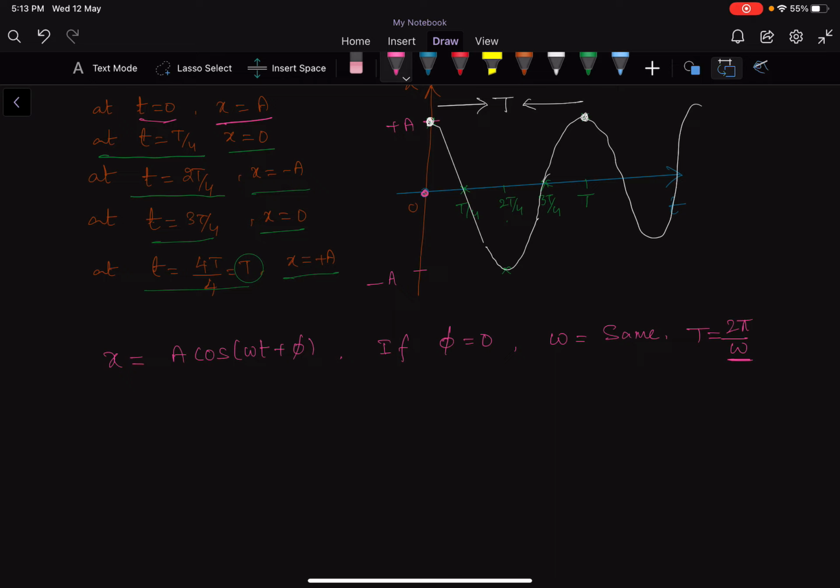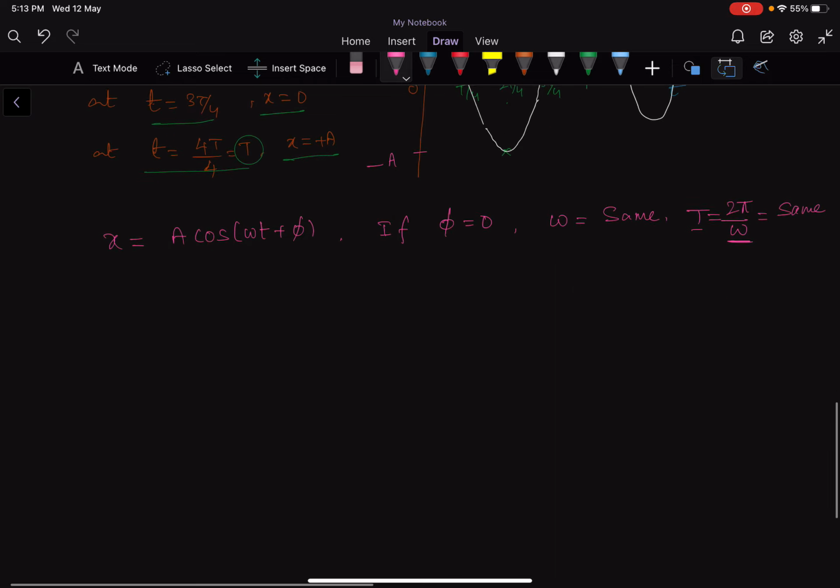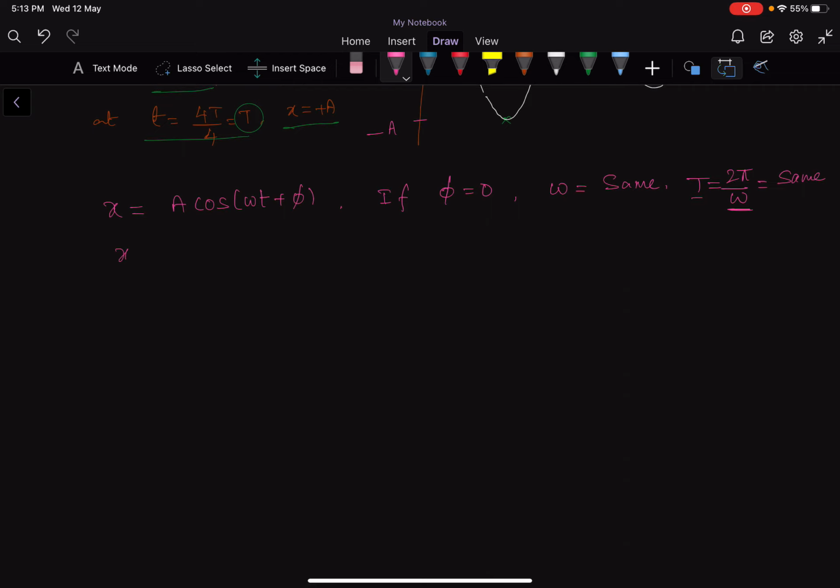As omega is constant, time period is also constant. I am taking two curves here. So our equation will become x equal to A cos of omega t, as we have taken phi as 0. Okay, now I am drawing a curve like this, position versus time. But here I am taking amplitudes that are different. Amplitude is nothing but maximum displacement. Amplitudes are different here.